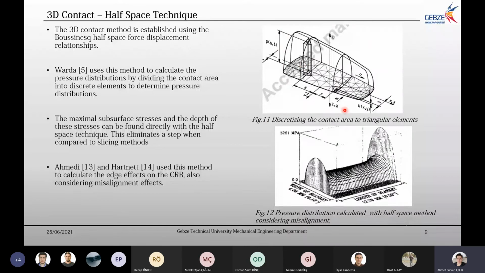There's a good part to this because we can skip the load calculation and we can directly calculate pressure or stress, both. That's why this is a more practical method, but it is very complicated to use because it's actually like writing a 3D finite element program on your own. That's why I tried to use the slicing method, first calculating the loads and then calculating the pressure.